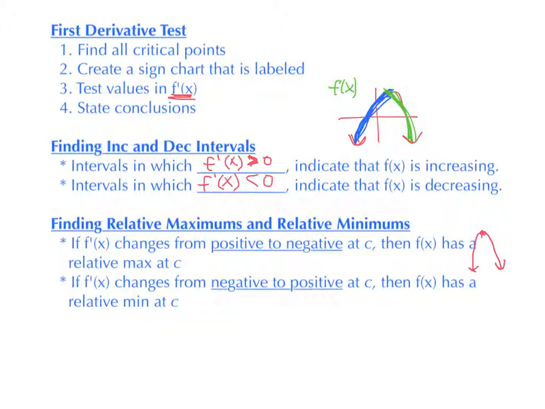If f prime of x changes from negative, in other words, a downward facing, to positive, okay, then we're going to have a relative minimum. So when our slope changes from positive to negative, as in this example here, we have a relative max. If our slope changes from negative to positive, we have a relative min.